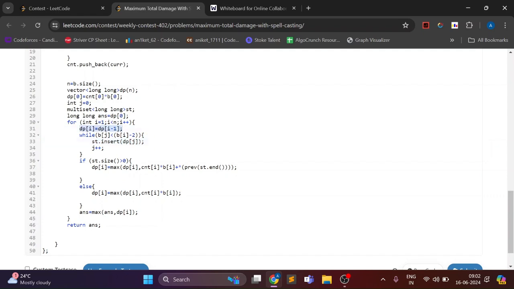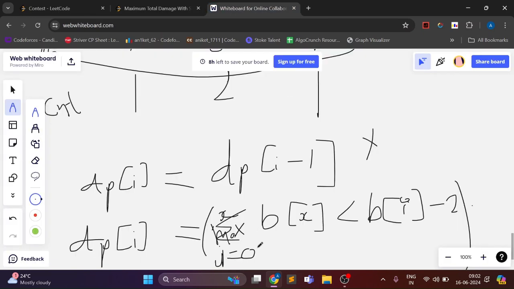First of all, I am updating dp of i with dp of i minus 1, and while b of j is less than b of i minus 2, insert dp of j and increment j. Now if the multiset size is not zero, meaning there are elements in that multiset, the transition would look like cnt of i into b of i plus whatever maximum answer we are getting through all these indexes.